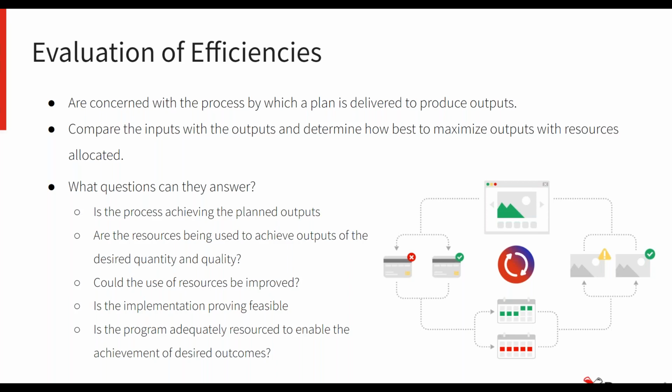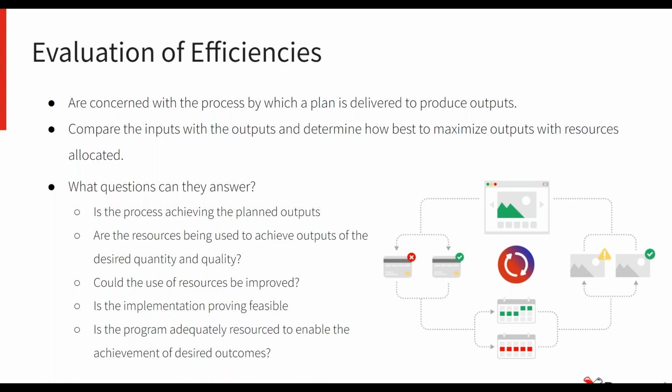So it's more focused on, is this going to improve my process? Is this going to improve the ability for me to deliver that product or the software faster or better? It also allows you to compare the inputs with the outputs to determine best how to maximize your result. And we'll talk about the strategies of maximizing your ROI here in a little bit.